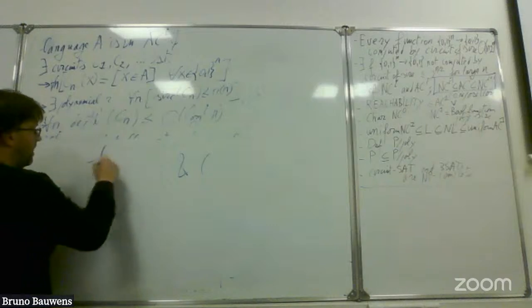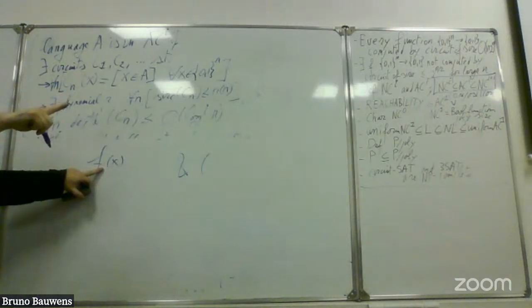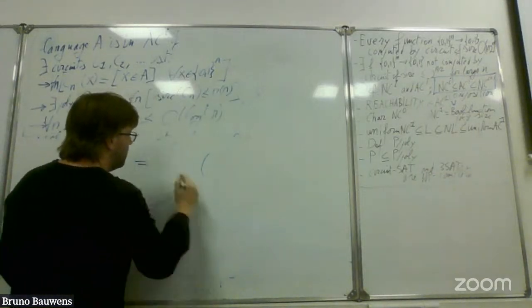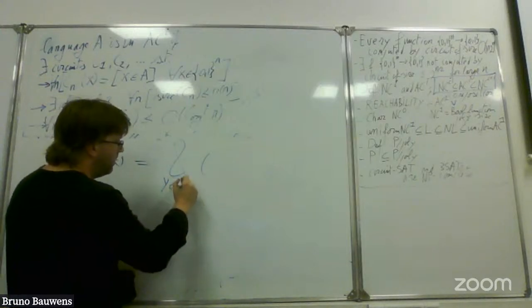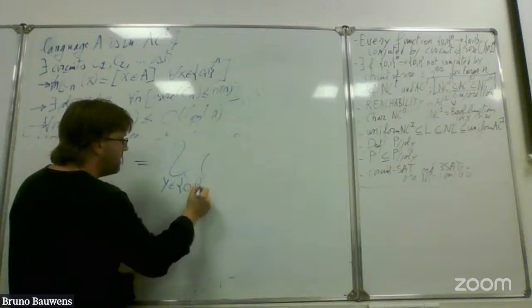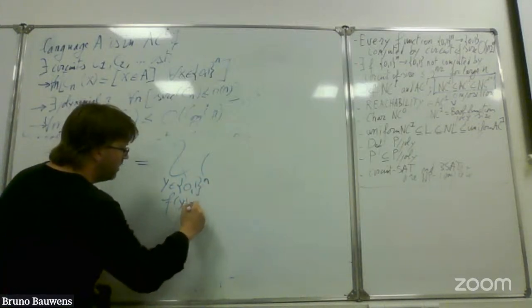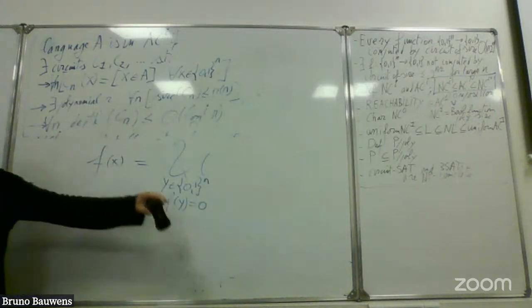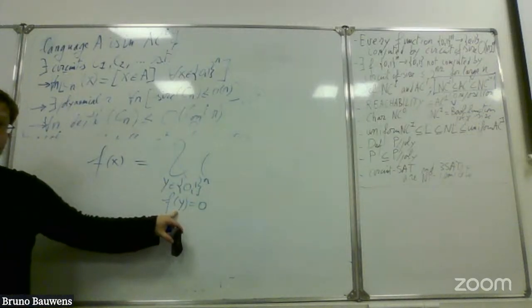Here we have a function f of x with n-bit inputs. We take a big AND and iterate over all y of length n such that f of y is equal to 0. Then we check whether x is equal to such y in the formula, and if so, we produce 0.